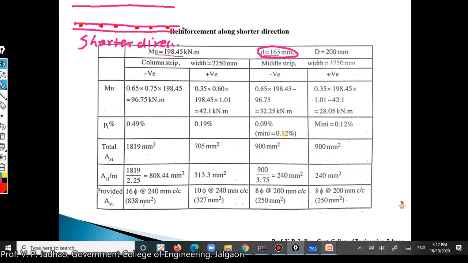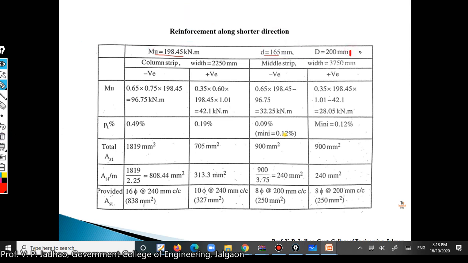Therefore, if this is 175 mm, that is the effective depth, then the distance from top to the center of this bar will be 175 minus 10 mm. Minus 10 mm, because we are using 10 mm phi. Therefore, this is 165 mm. Again, we have the total depth of your flat slab as 200 mm.